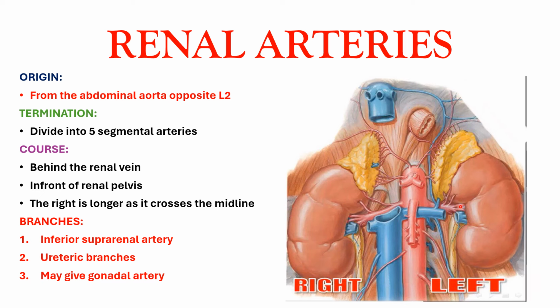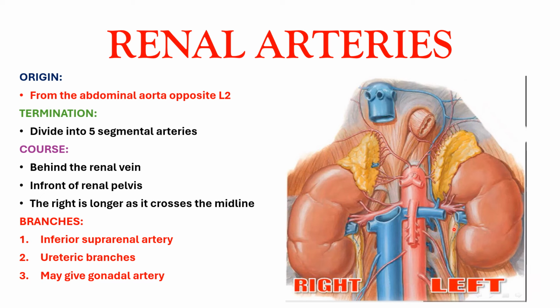Now, what is the course of the renal artery? If you look closely, this is the renal vein, and this is the inferior vena cava. The renal vein is a branch of the inferior vena cava. This is the renal artery. You can see that the renal artery is behind the renal vein. Also, the renal artery is in front of the renal pelvis.